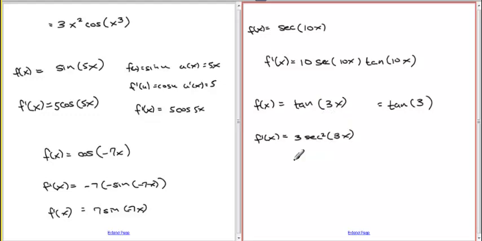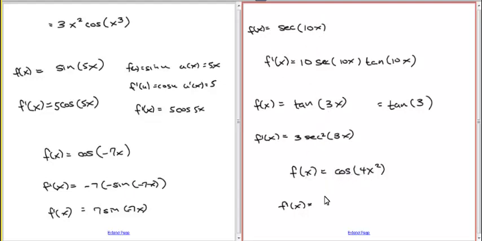One last example. Let's say you had the cosine of 4x squared. In this case, you might want to write it out, but really what we've been doing here is taking the derivative of the argument. The derivative of 5x is 5. The derivative of negative 7x is negative 7. The derivative of 10x is 10. The derivative of 3x is 3.